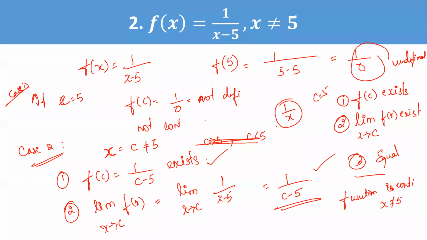So the function is not continuous if x is equal to 5, and the function is continuous if x is not equal to 5. Is this clear, students? Okay, we'll move on.